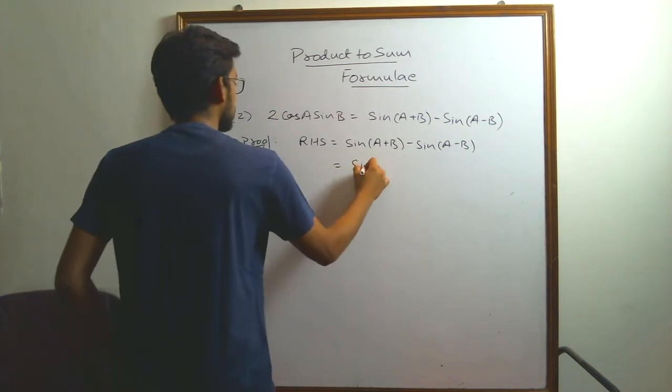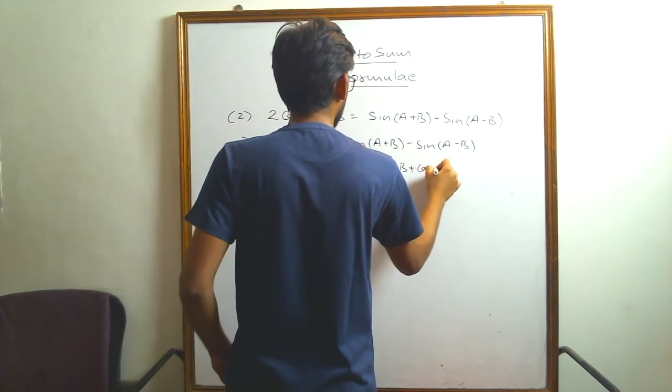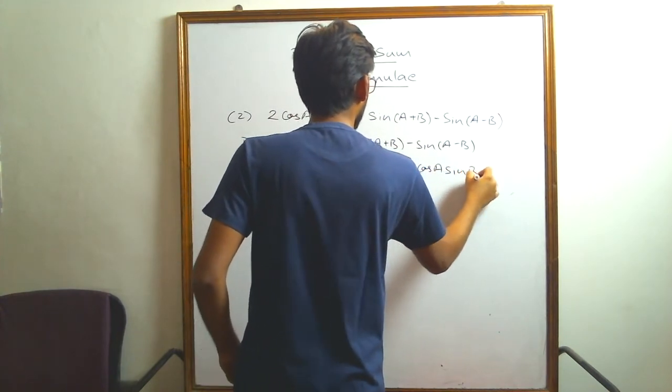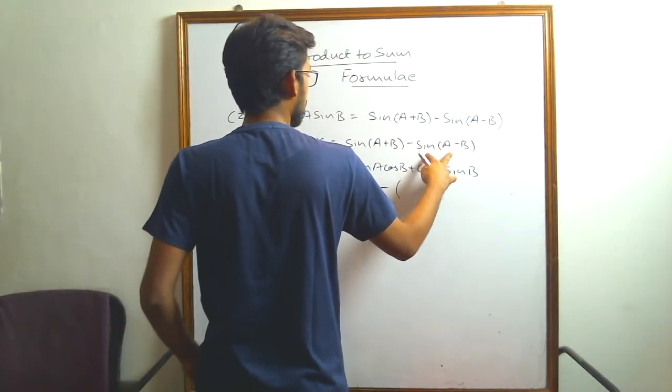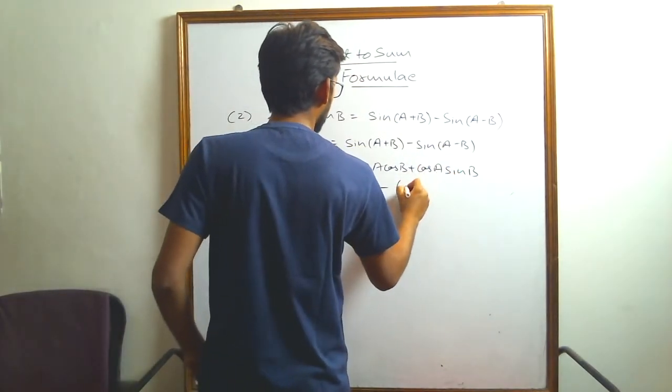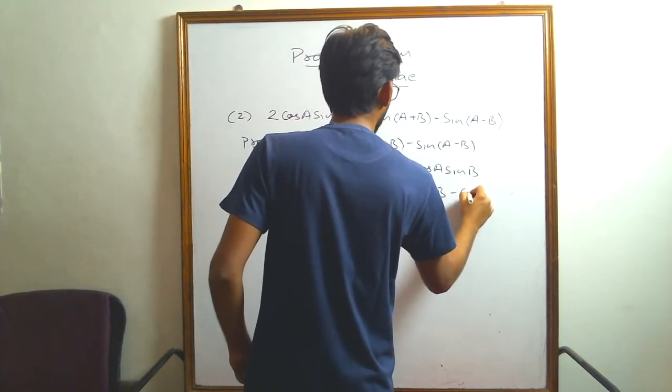So sine A plus B is equal to sine A cos B plus cos A sine B. Now put a negative sign and apply the compound angle formula here, sine A minus B, that is sine A cos B minus cos A sine B.